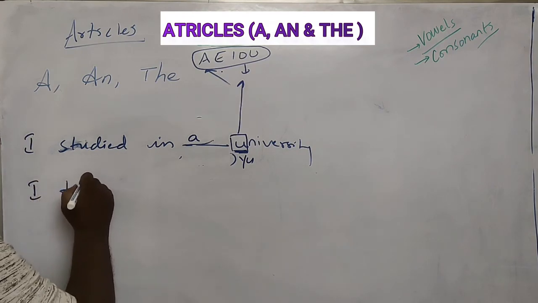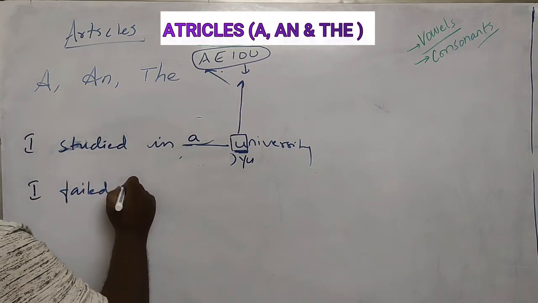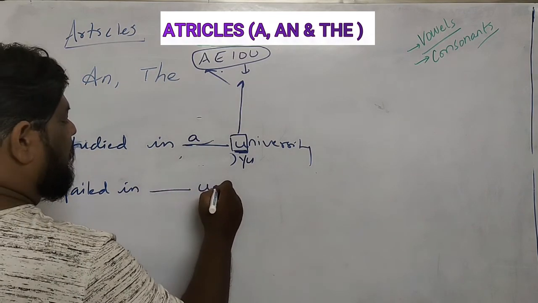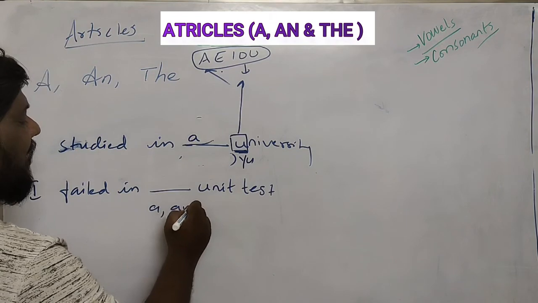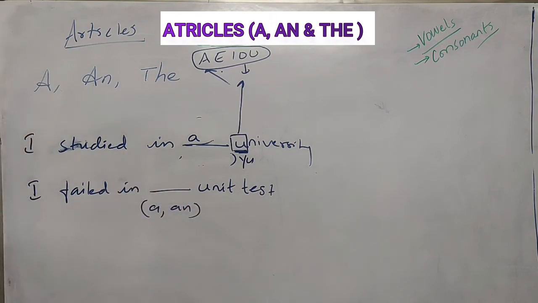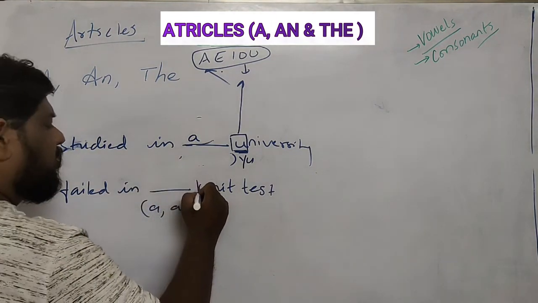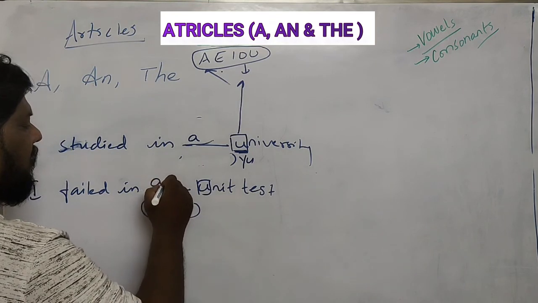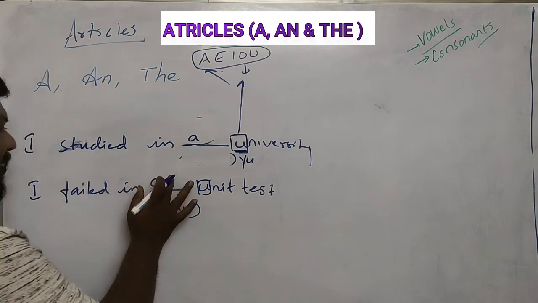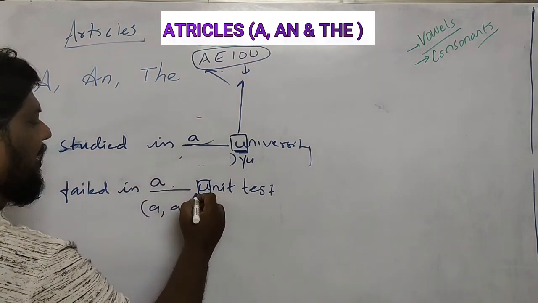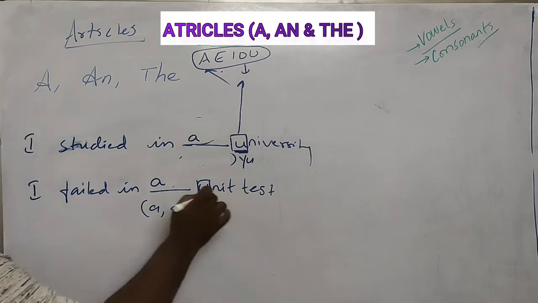It is similar here. I failed in dash unit test. I want you to fill only with A or "an". Again, because U is a vowel, don't write "an" here. Again it will become wrong. I failed in an unit test. So it's wrong. I failed in a unit test, because again the sound here is a Y sound.